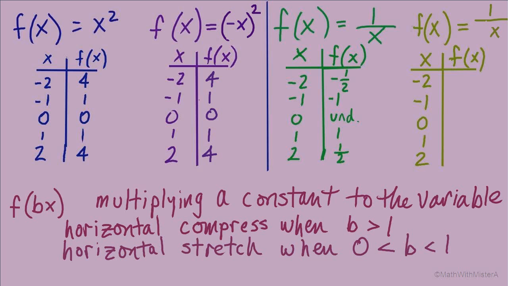So we actually get an exact identical graph. Let's go over to the other function and say what happens when we make this x negative. Well, it changes the sign of our function results. If x is -2, now we have opposite of -2 is a +2. So 1 over +2 is this +1/2, and that's how we'll get the rest of these function values.